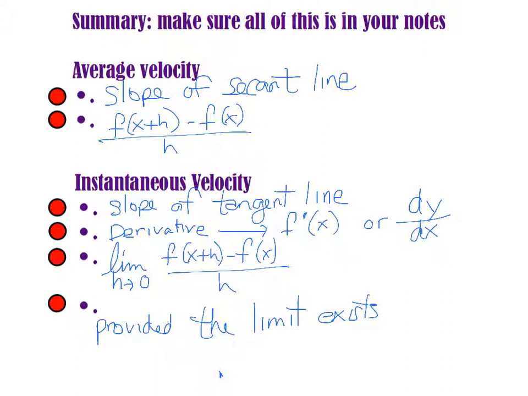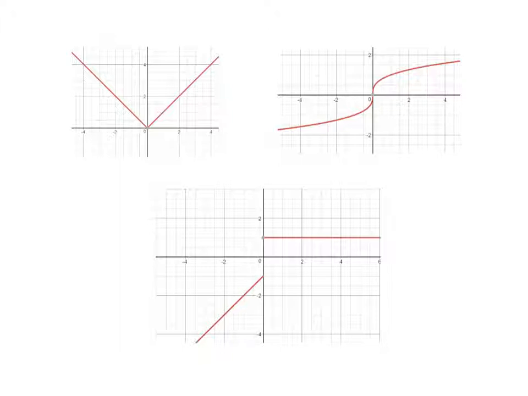And so remember from our previous lesson that sometimes the limit doesn't exist, so we have to be careful. Real quick, let's talk about some points where we might be concerned about the derivative existing. If I have a scenario like this, I could be driving along or whatever I'm doing. This is fine right here. I could find the slope of this. And really, when I find the slope of the tangent line, it's going to land right on top of this. The problem that I'm going to have is right here.